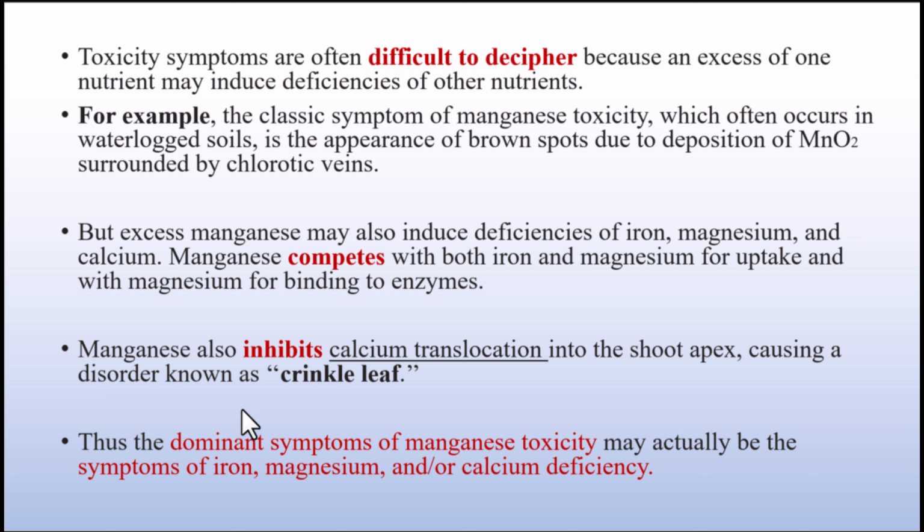With this manganese example, we can show that if the level of manganese is increased, deficiency symptoms appear due to the deficiency of iron, magnesium, and calcium, because a higher level of manganese competes with iron and magnesium for uptake and inhibits calcium translocation.